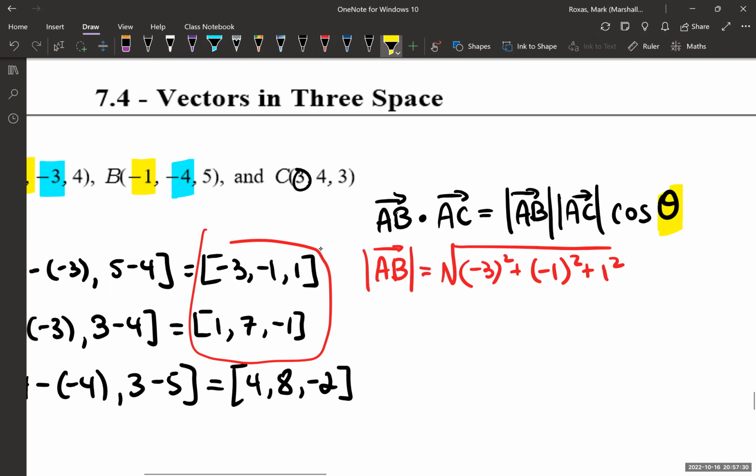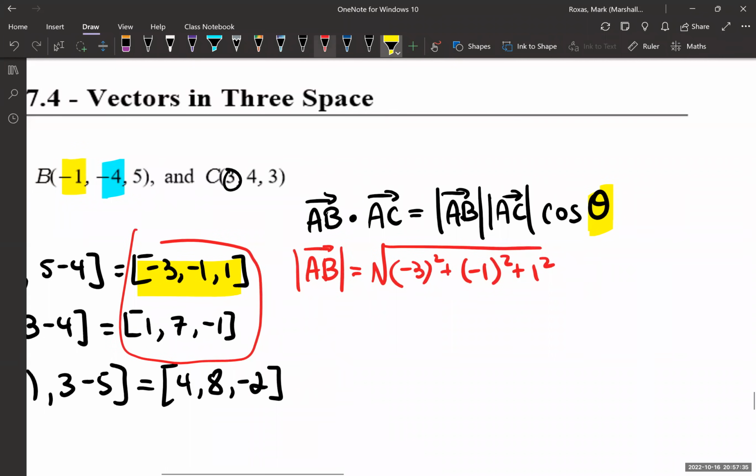All I'm doing is taking these components, x, y, and z, squaring them, and taking the square root, just like what I was showing you earlier with the magnitudes of 3D vectors. So 3 squared is 9, 1 squared is 1, 1 squared is 1, so that's the square root of 11.